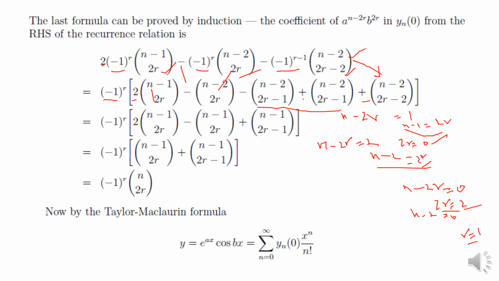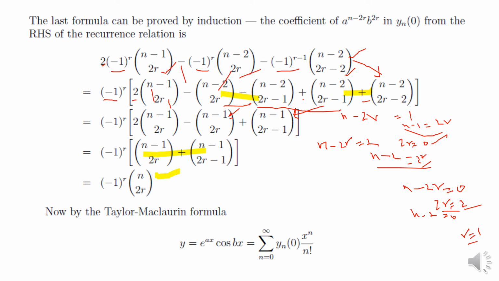Now we know the formula. Here we use the formula nCr plus nCr minus 1 is equal to n plus 1 Cr. That formula has been used in the first two terms, in these two terms, and in these two terms again, n is here n minus 2 and r is here 2r.